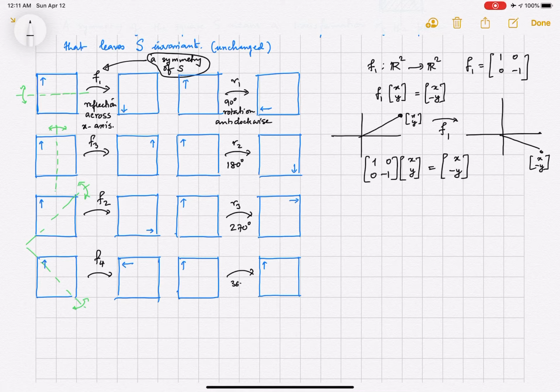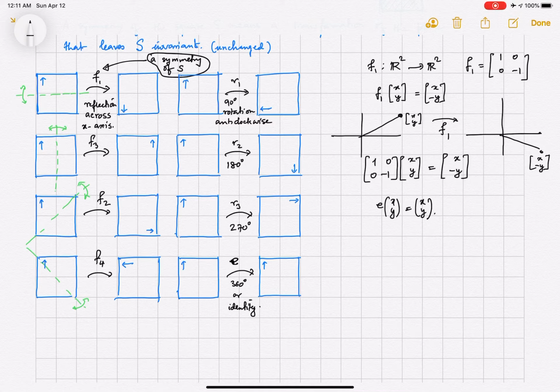And this is 360-degree rotation. I'll call that E. That's the standard name for identity, or identity transformation. Because if you think of these as functions, 360-degree rotation is the same as the function that takes xy to xy. So E of xy is xy. Okay.